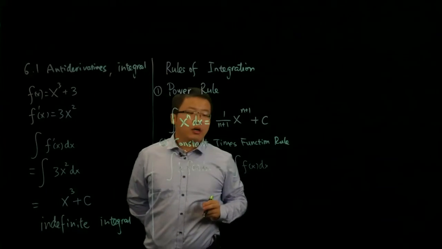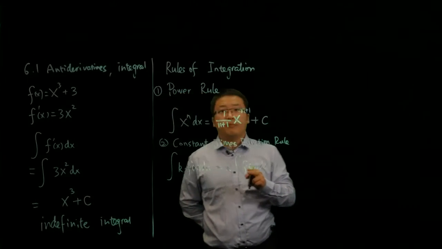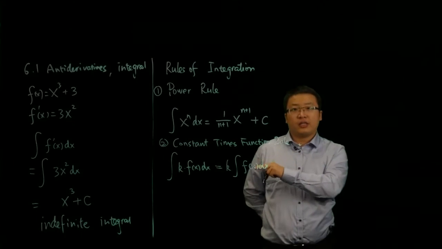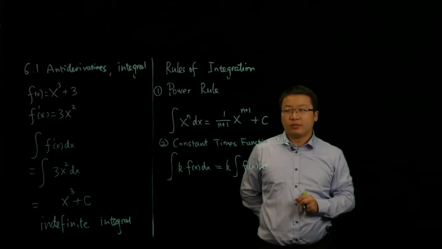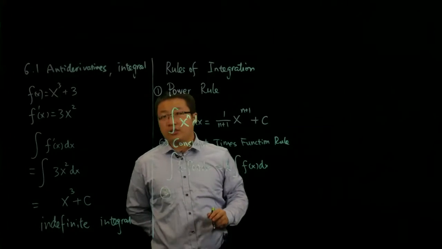This is very similar to the derivative: when you have a constant number multiplied by a function, you can always leave that constant outside, take the derivative, and then multiply it back in. So when you have a constant, you really don't have to worry about it, just multiply it at the end.